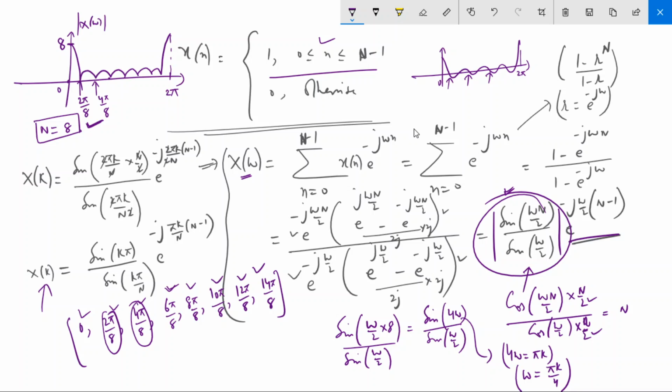What it means is that I have taken an input sequence x(n), which was 1 for 0 to 7, otherwise 0. So at 0 it is 1, at 1 it is 1, at 2, 3, 4, 5, 6 and 7.